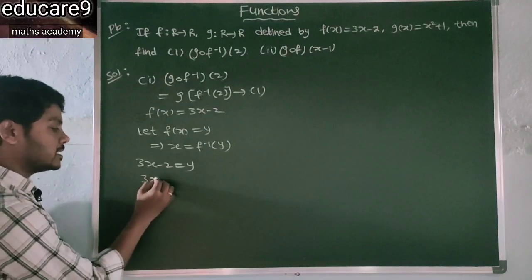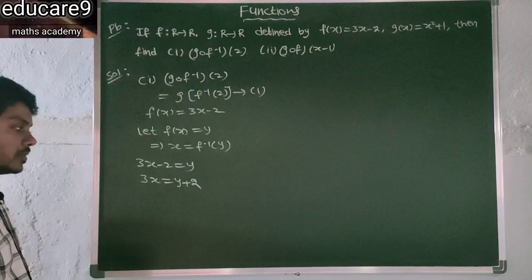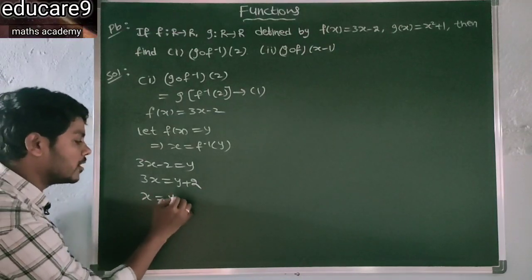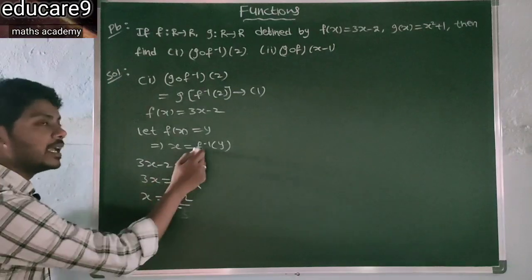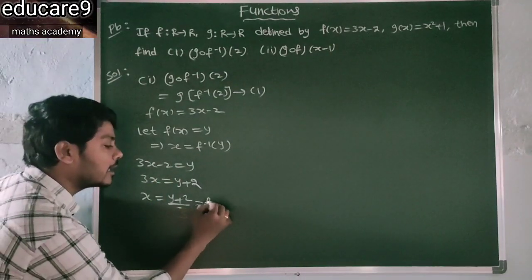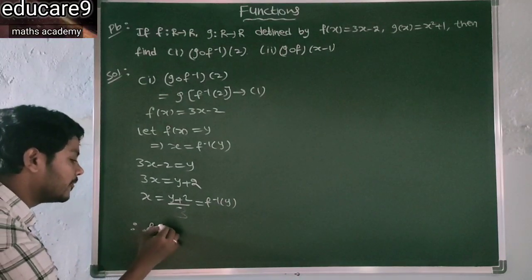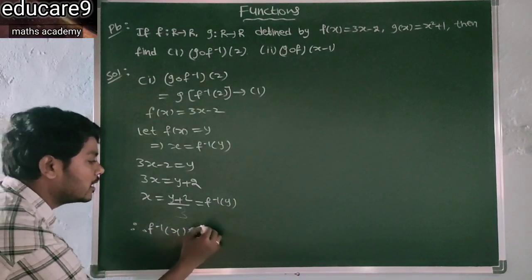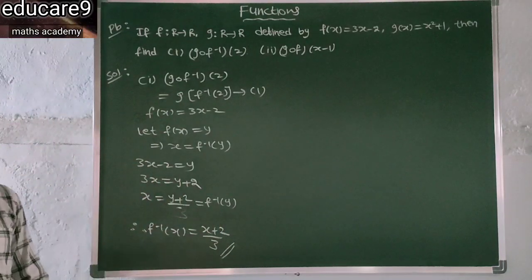From this, 3x is equal to y plus 2, and x is equal to (y plus 2) by 3. What is x? f inverse of y. So therefore f inverse of x is (x plus 2) by 3. This is the inverse function.